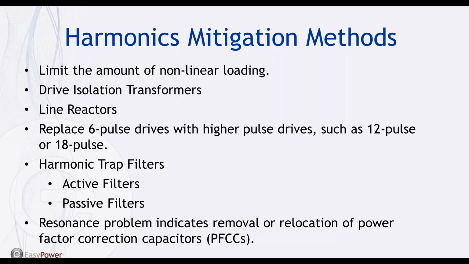Active filters insert negative harmonics into the network, thereby eliminating the undesirable harmonic on the network. Passive filters are a combination of capacitors, inductors or reactors, and resistors. They're the most common and are available for all voltage levels. Resonance problem indicates removal or relocation of power factor correction capacitors.